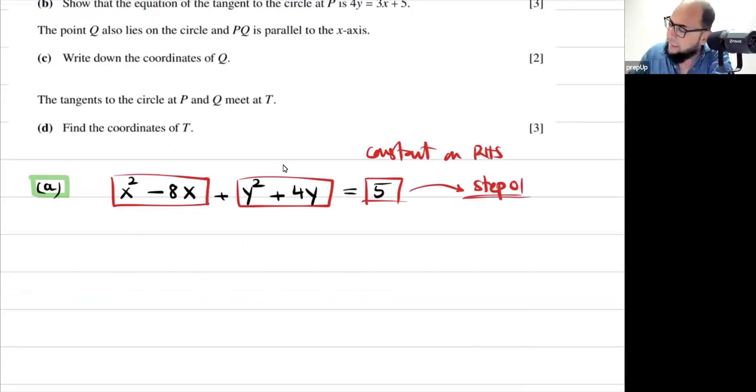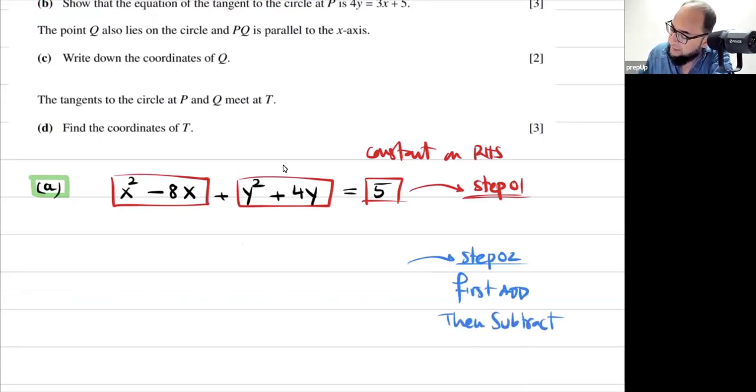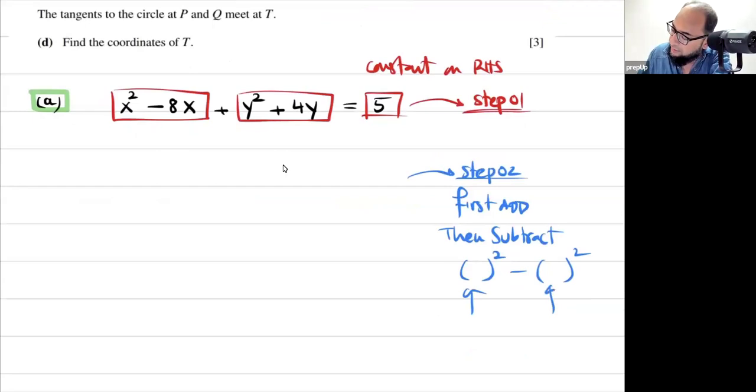The next step is about the completing the square method. Step 2: first add, then subtract, and all that thing, the square of half the coefficient of x and all these things.